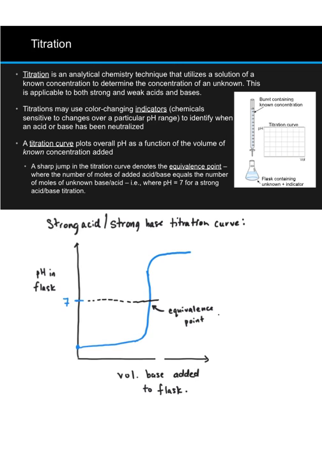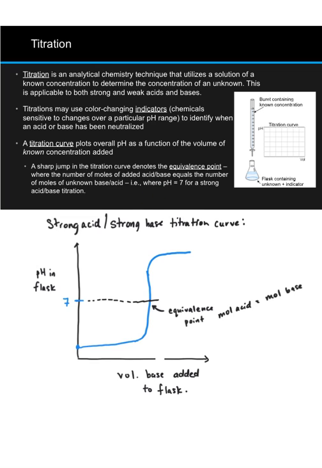Here, at the equivalence point, the number of moles of acid are equal to the number of moles of base. And therefore, in a strong acid, strong base reaction, we produce just plain old water. The pH at the equivalence point for a strong acid, strong base titration is always 7.